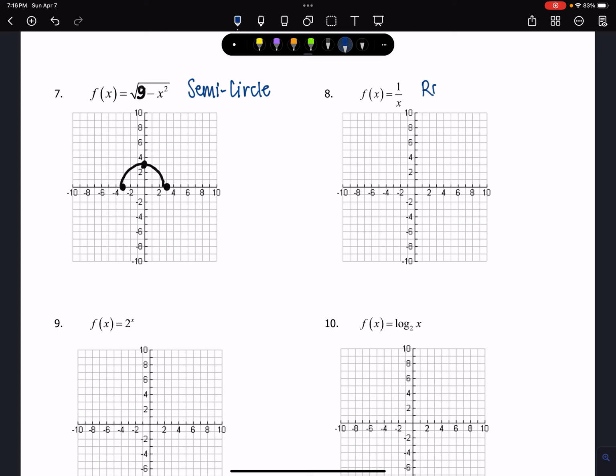Next graph is called a rational function. It has a vertical asymptote and it has a horizontal asymptote on the axes. When I put a -2 in, I get -1/2. When I put -1 in, I get -1, and when I put -1/2 in, I get -2.